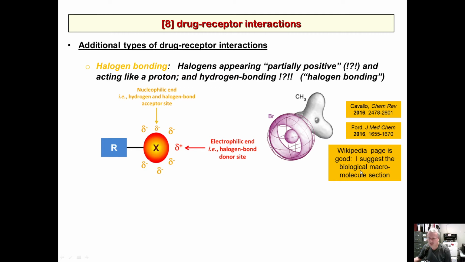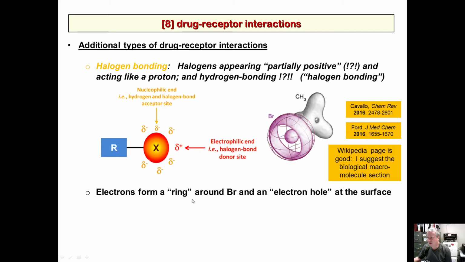The Wikipedia page is actually pretty good too. It's a big Wikipedia page. If you want to read about this specifically for drugs, there's a section called the biological macromolecule section, a condensed summary of halogen bonding for drugs.